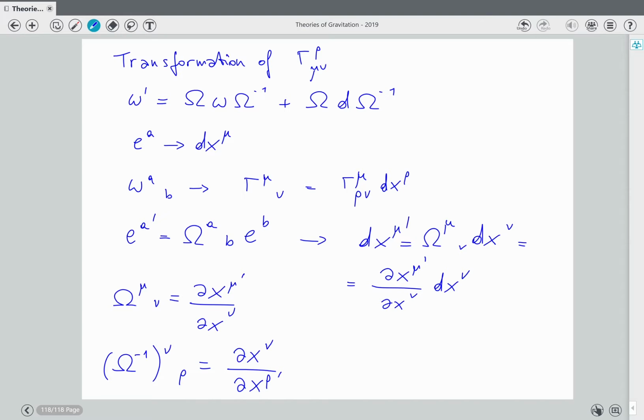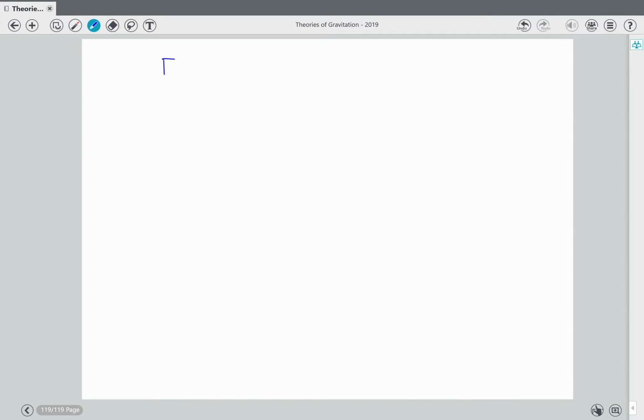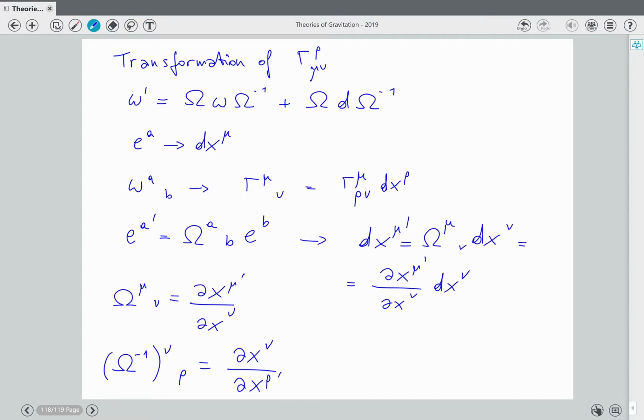So we now use this formula. Small omega prime will be omega mu nu rho prime dx rho prime. That is omega prime, and that will be equal to those things. Now that we know what capital omega is, let's continue to call it capital omega, without replacing.